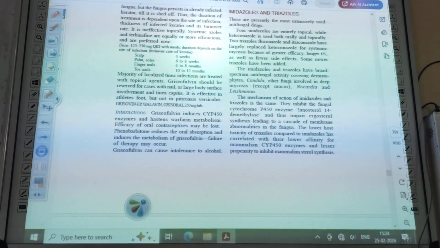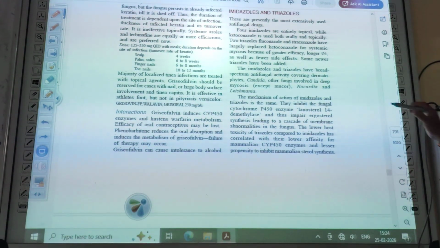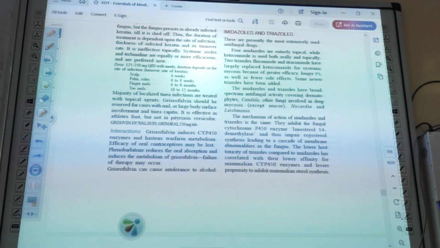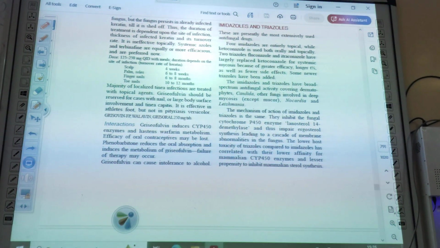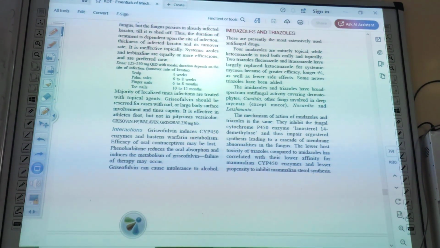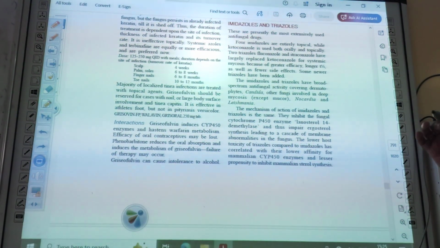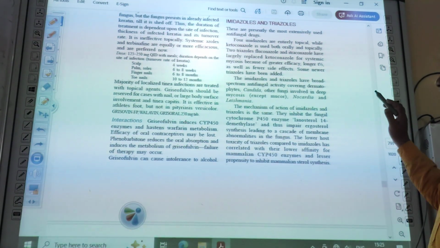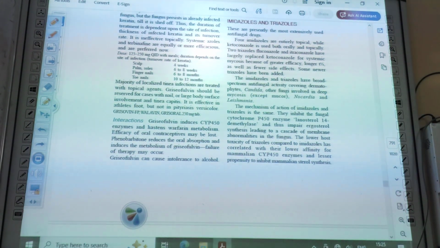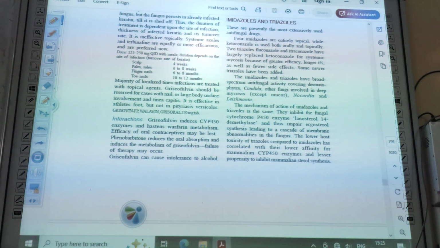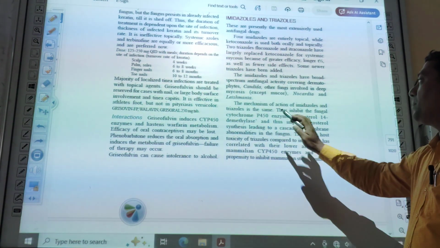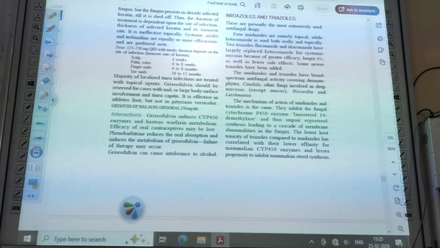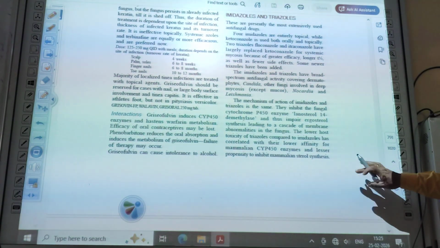This enzyme is inhibited by both imidazoles and triazoles, and thus they impair ergosterol synthesis. Ergosterol is an important part of the fungal cell membrane. The synthesis of ergosterol is inhibited by inhibition of the fungal cytochrome P450 enzyme, lanosterol 14 demethylase.